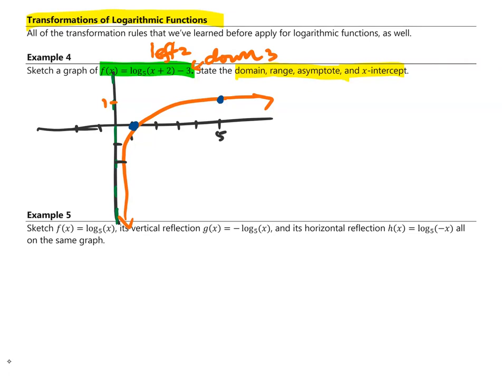So this is our log graph. We move this 2 to the left and down 3. So we move this 2 to the left. Now your vertical asymptote is at negative 2.